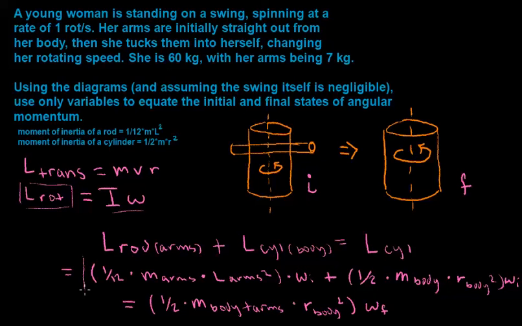So this huge equation is the initial and final states equated. And as we can see, it gets pretty complicated even just with 2 objects in our system in the initial state, and then going into 1. So with that, we can move on to the next part.